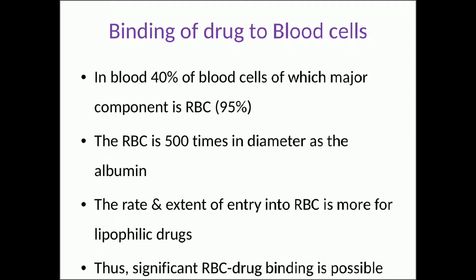The rate and extent of entry into RBC is more for lipophilic drugs. So the RBCs favor the entry of lipophilic drugs, and thus significant RBC drug binding is possible just because RBC shows greater affinity for lipophilic drugs.